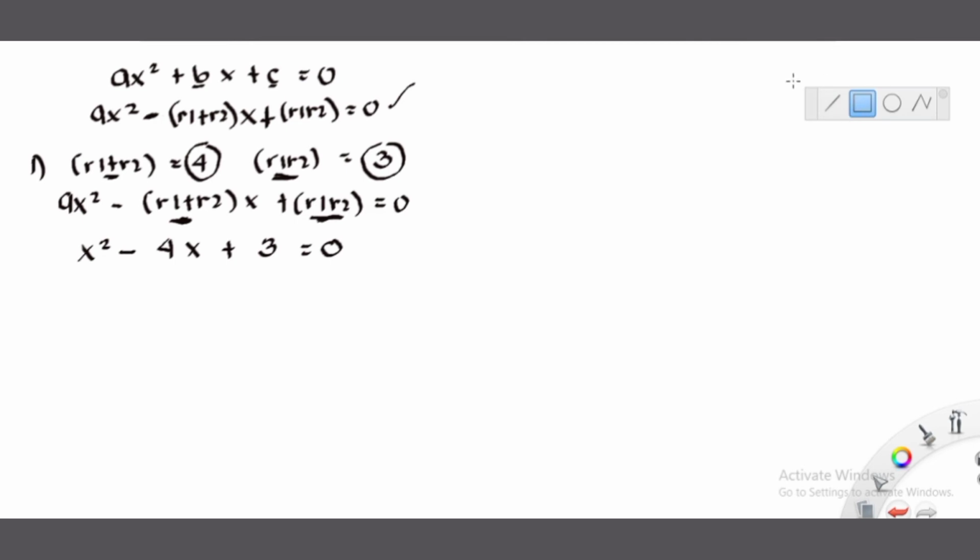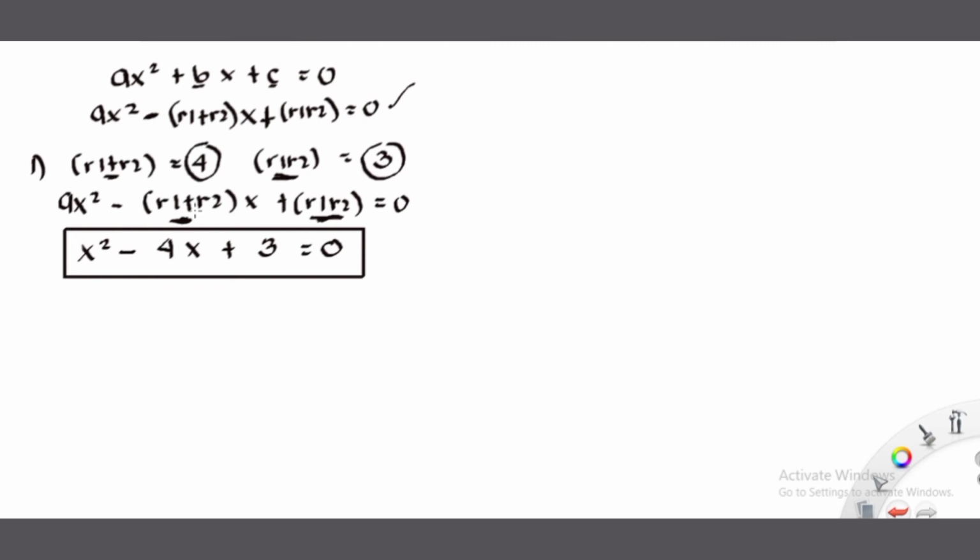So, therefore, this is the given quadratic equation. So, this is the given quadratic equation whose sum of the roots is 4 and product of the roots is 3. Okay? Now, let us have another example.